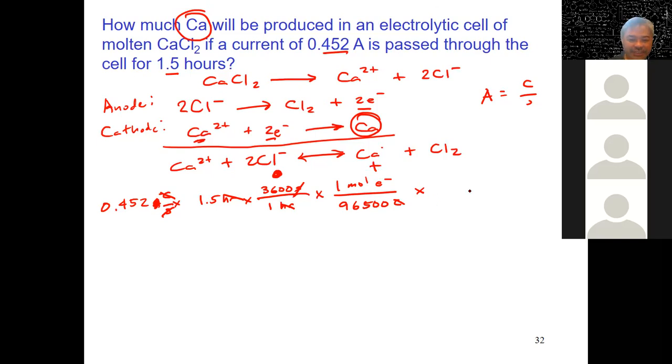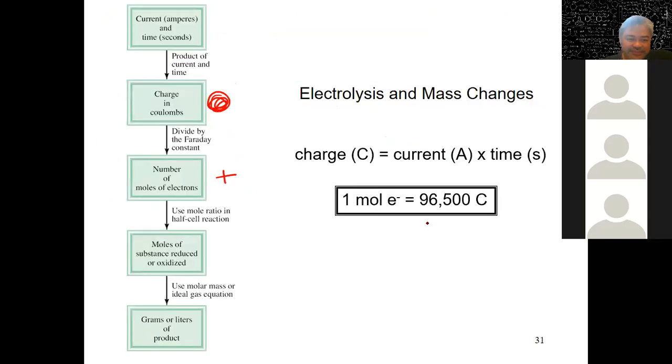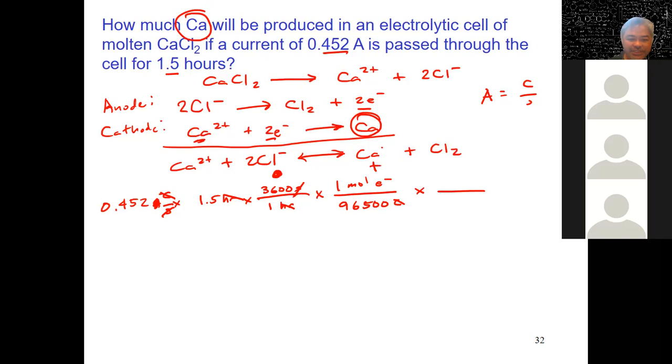So anong next na gagawin natin? Sabi doon sa guide, you're going to use the mole ratio of the half cell reaction. So alin half reaction na gagamitin natin dito? This one. So anong sabi doon? For every 2 moles of electrons, we have how many moles of calcium? 1 mole.